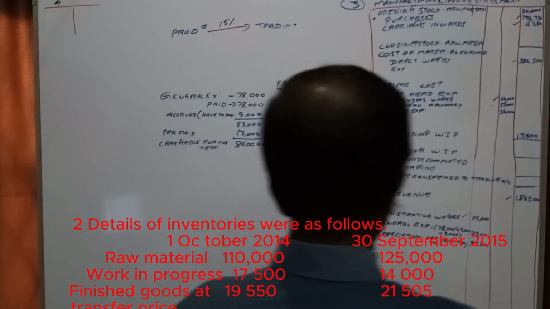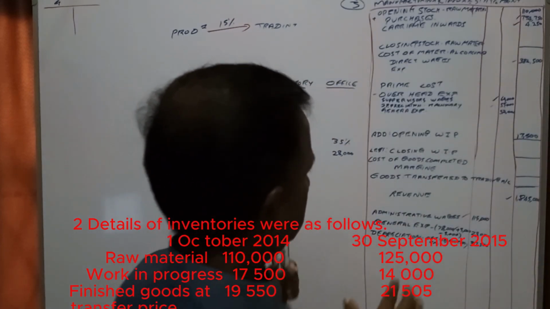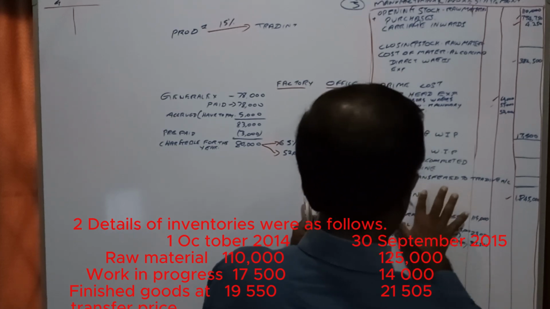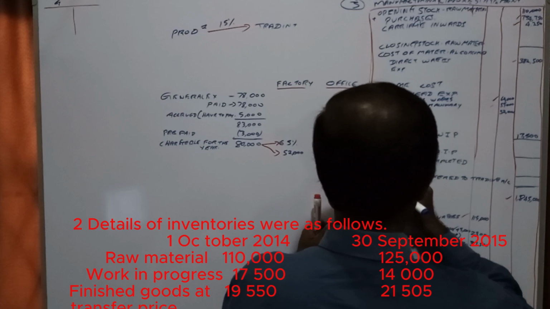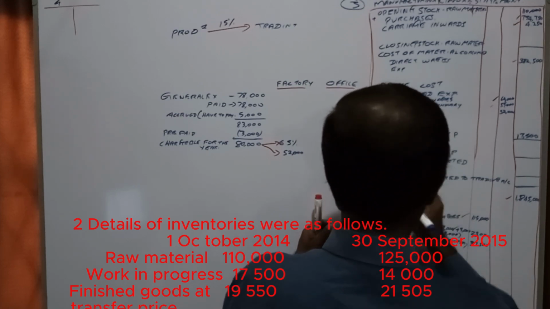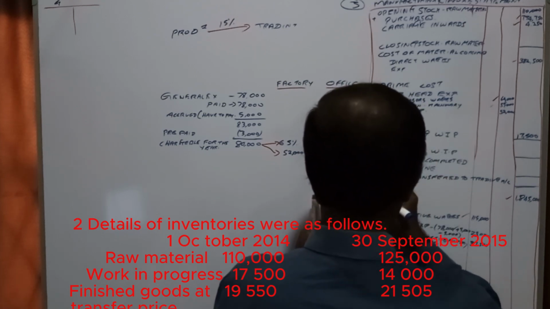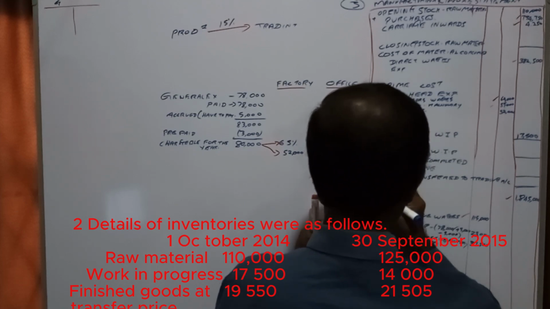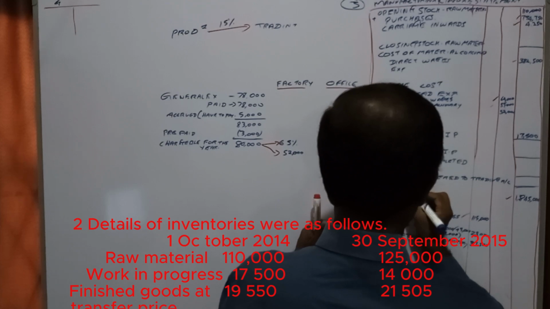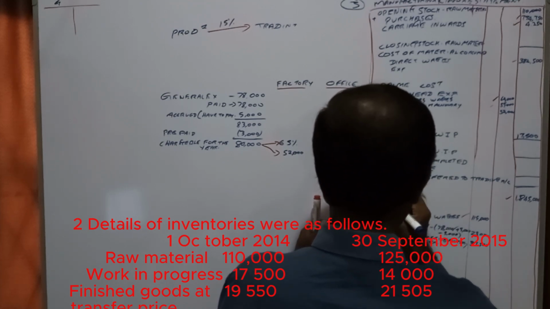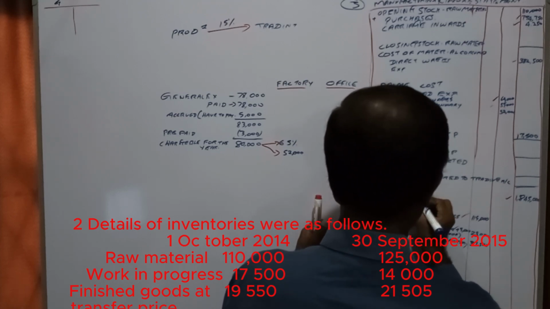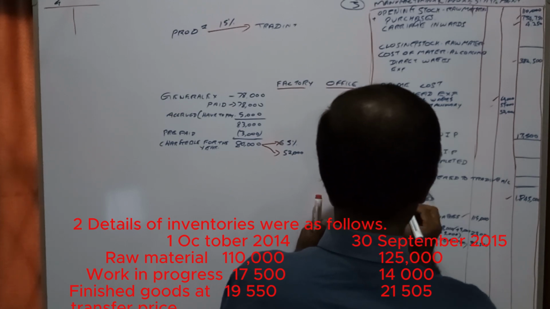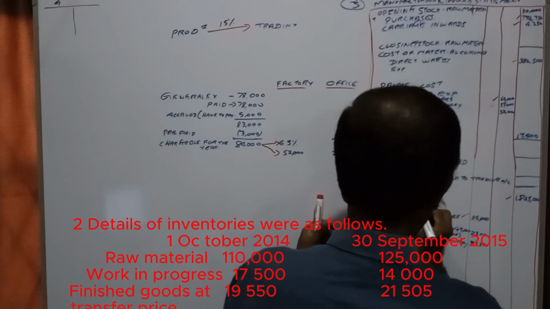Here we write revenue and cost of sales: opening stock, add goods completed, less closing stock.